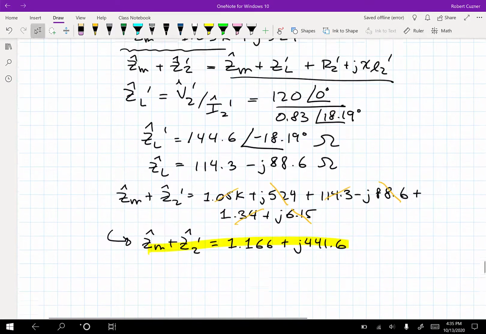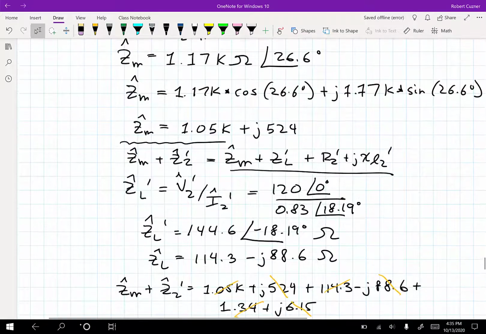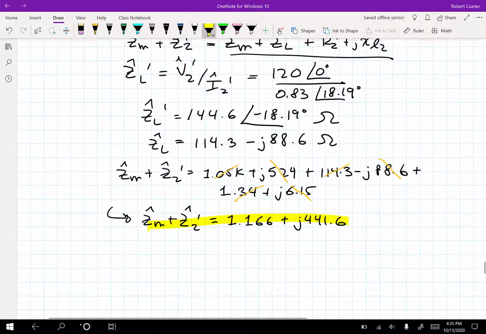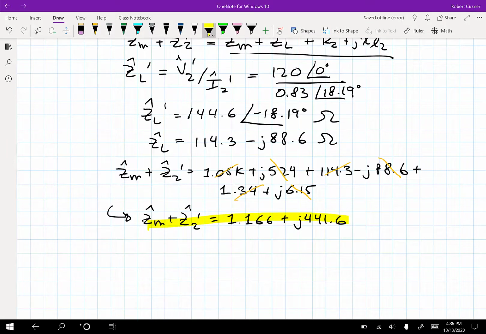We should probably convert it into polar. So we're going to go back here and look. We've got a Cartesian version of ZM, a polar version of ZM, a Cartesian version of the sum of these impedances, and the polar version. I'll put it down here. I'll let the diligent student check my math. Oh, and by the way, this is kiloohms here.